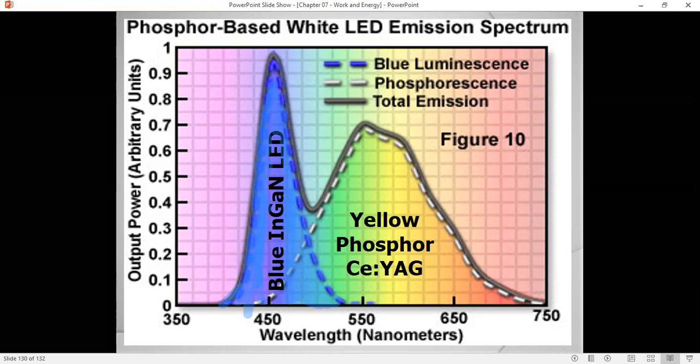And then the cerium ions in the yellow phosphor would give you the green light, the yellow light, and the red light. So although you wouldn't get a perfect representation of what sunlight would be like, it's pretty close. Wasn't too bad.